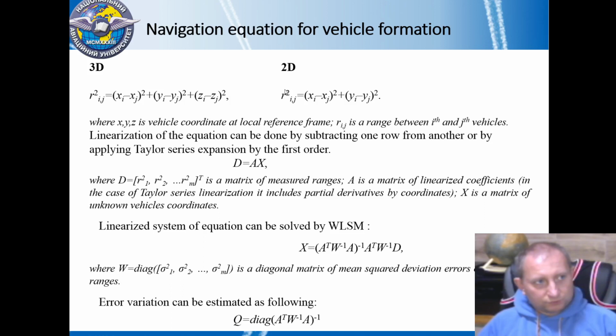That's why we can use this equation and make a system of equations by known ranges and unknown coordinates of vehicle location. For the case of three-dimensional space, we need to take into account the third axis. And of course, we are talking about a Cartesian reference frame.